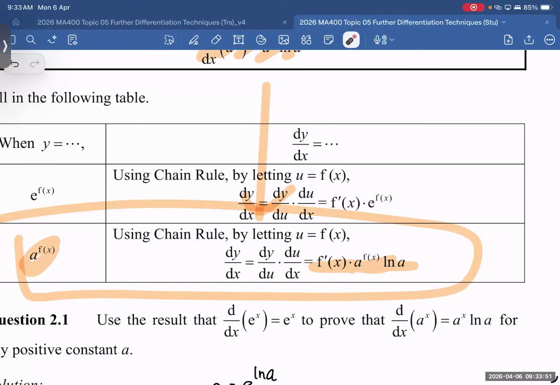Question 2.3 is just equal to 1.4. Question 2.5.